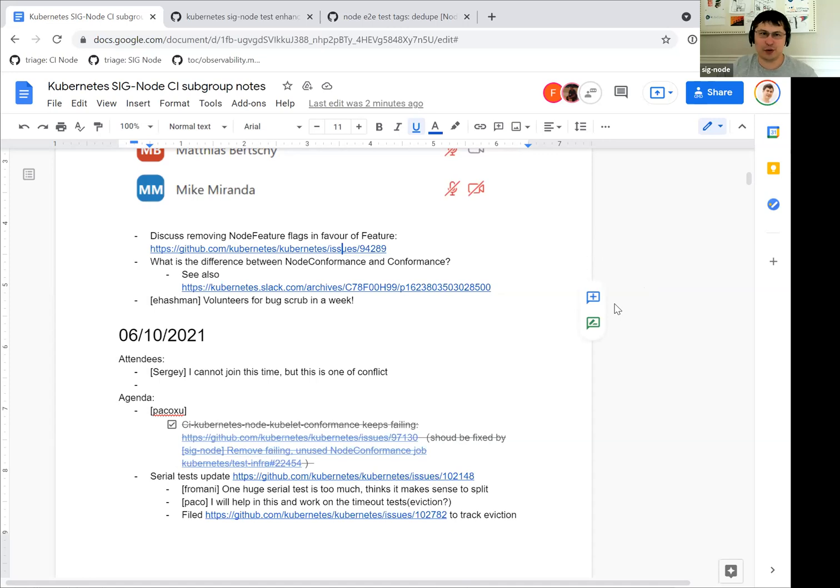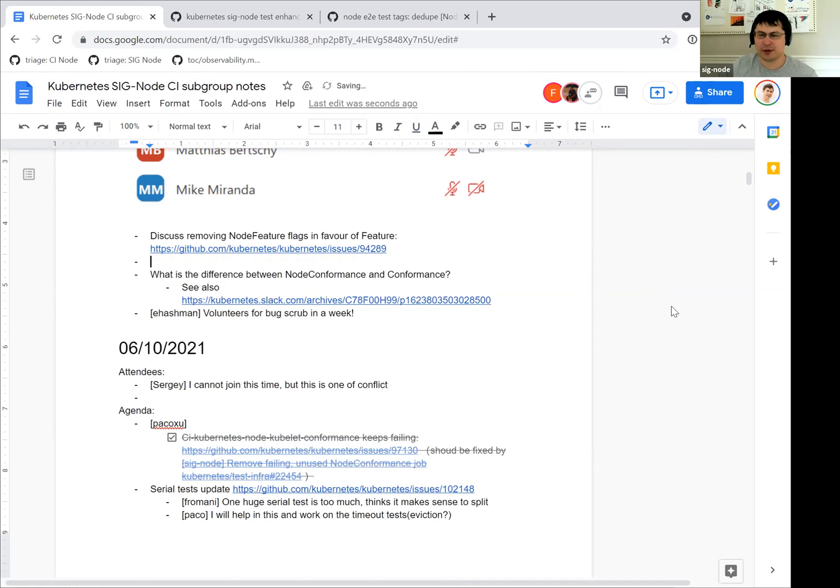My main question was always, do we want to keep the feature tag after the feature is GA, or do we want to just remove the feature tag completely? This is the main question for me. I didn't find a solution and resolve it quickly, so I didn't proceed with that. But I would be interested to hear your opinion and maybe some thoughts about it.